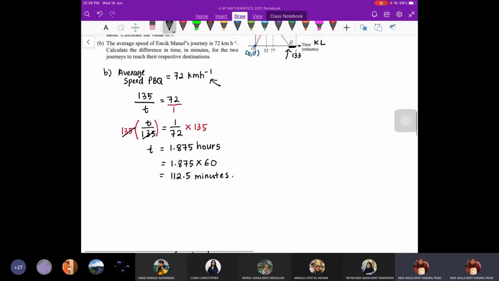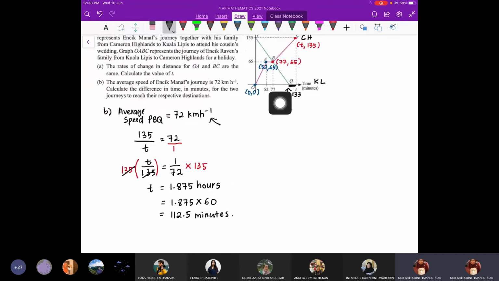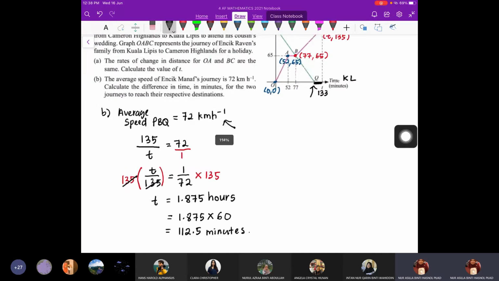Masuk akal ke tidak? Ya, sebab dia lebih daripada 77, dia kurang daripada 133. Hence, the difference. The difference will be 133, Encik Raven punya minus dengan Encik Manaf 112.5.